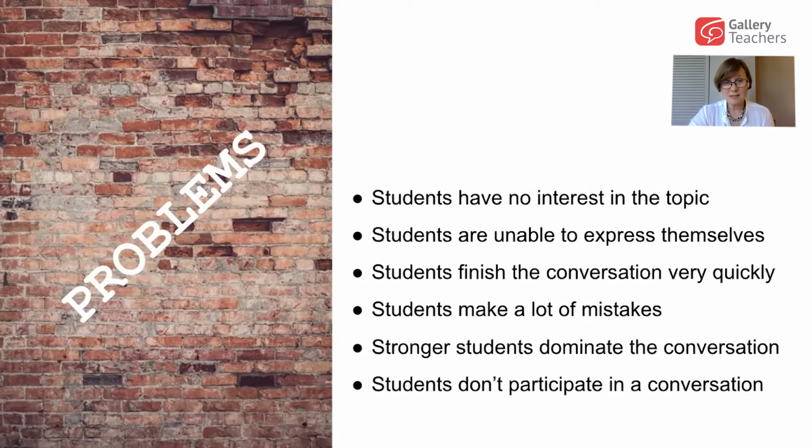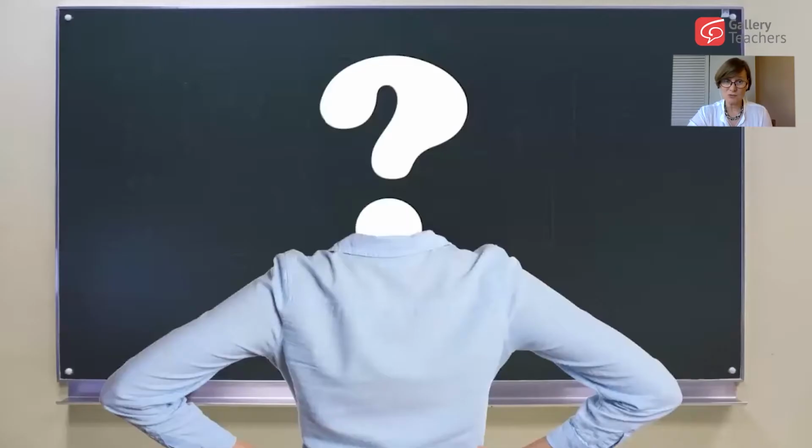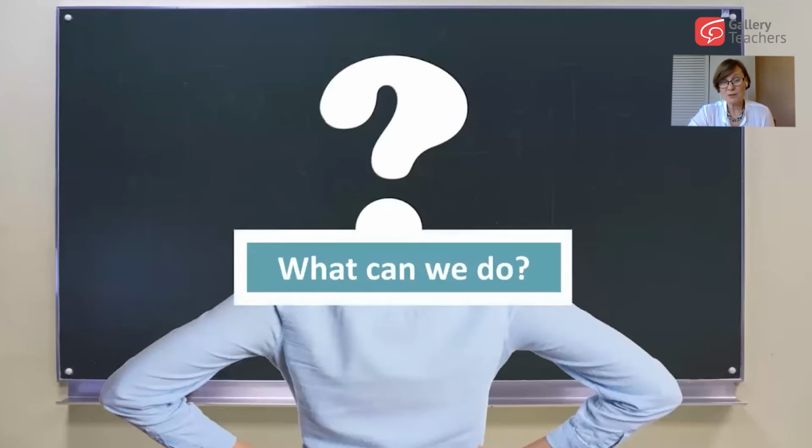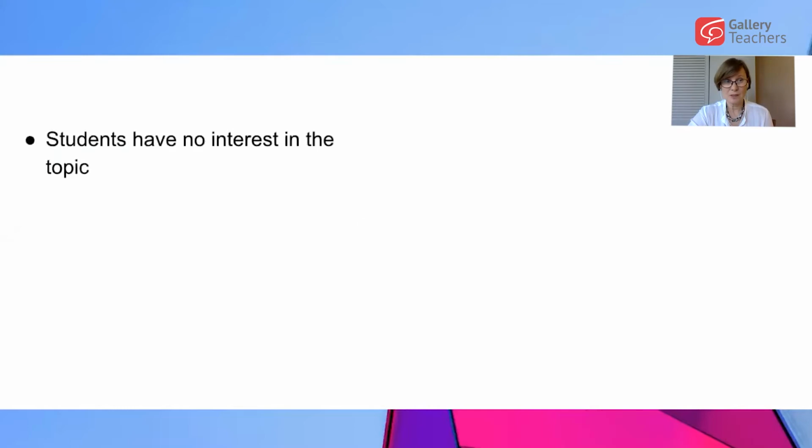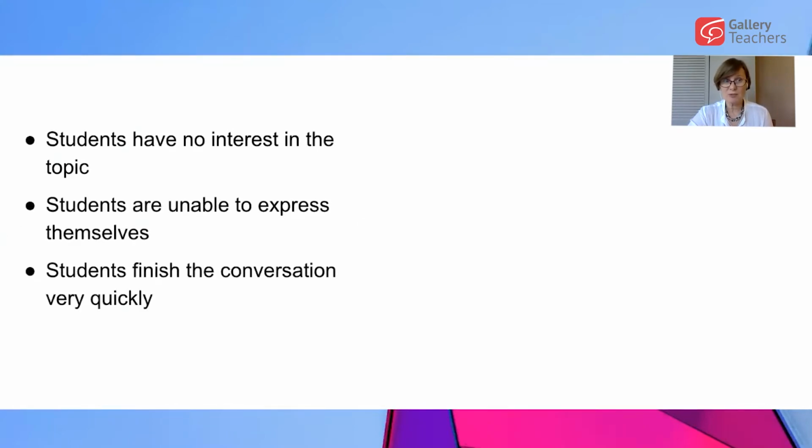All right, let's have a look at what we as teachers can do to help our students speak during the lessons. If students have no interest in the topic, are unable to express themselves, or finish the conversation very quickly, let's see what we can do to help them. First, create interest in the topic.